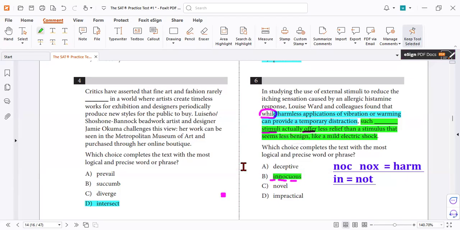So let's see. Again, are we describing here that the stimuli are new, nova? Do you know nova in English? Nova, yeah. So this means something new. In the word, NOVA means something new.